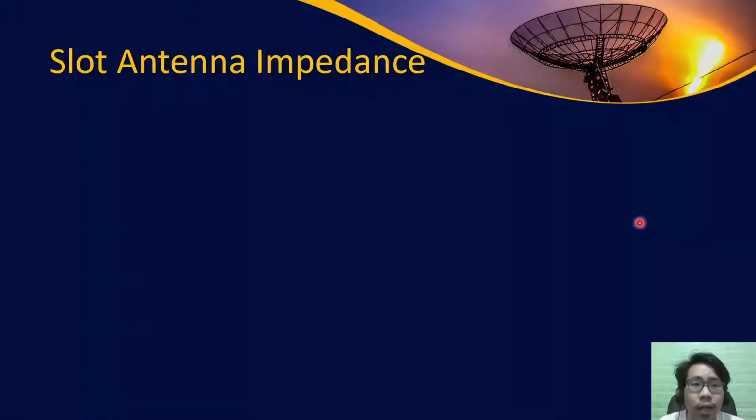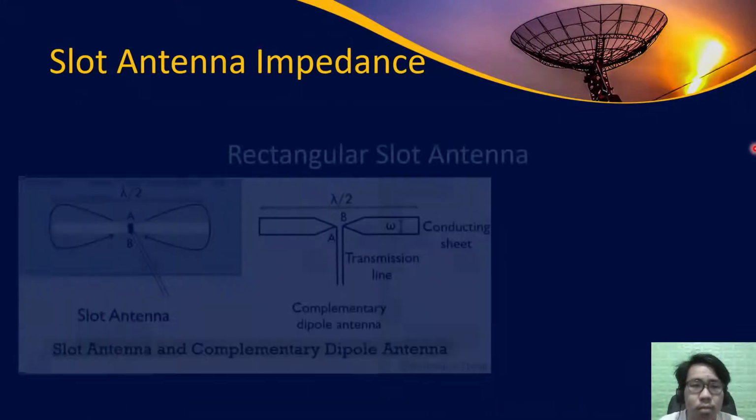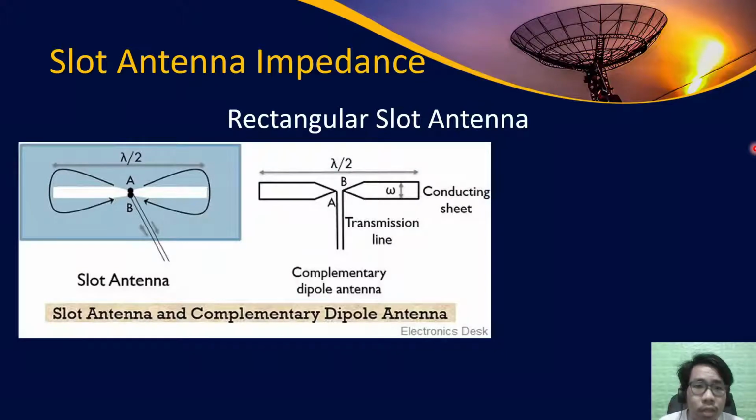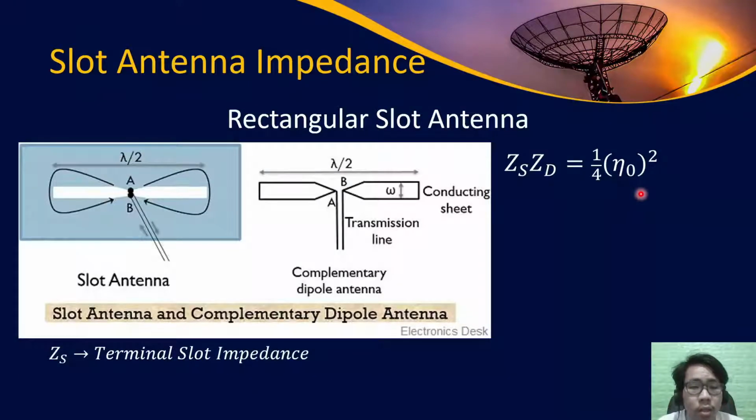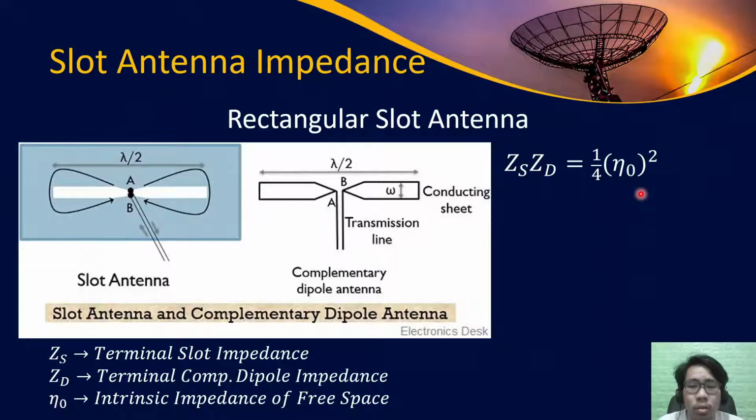So next, we are going to calculate the slot antenna impedance. In this video, we are just going to calculate the rectangular slot antenna impedance. The formula for our slot antenna impedance is Zs times Zd is equal to 1/4 times η0 quantity squared. The Zs here stands for the terminal slot impedance, the Zd is the terminal complementary dipole impedance, and the η0 is the intrinsic impedance of free space.